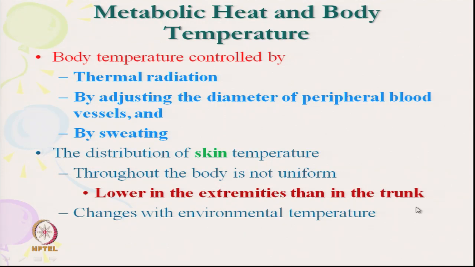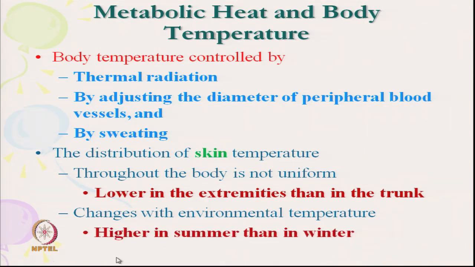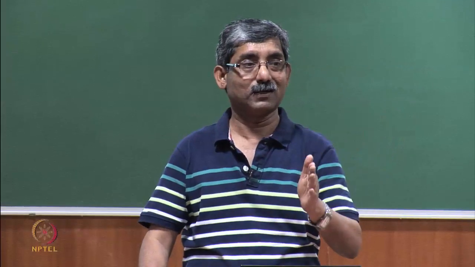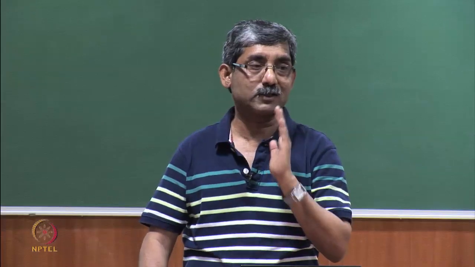As the environmental temperature increases, our skin temperature also changes. The average skin temperature is higher in summer than in winter. So, in winter our skin temperature is lower than the summer average, but our body core temperature is always constant.